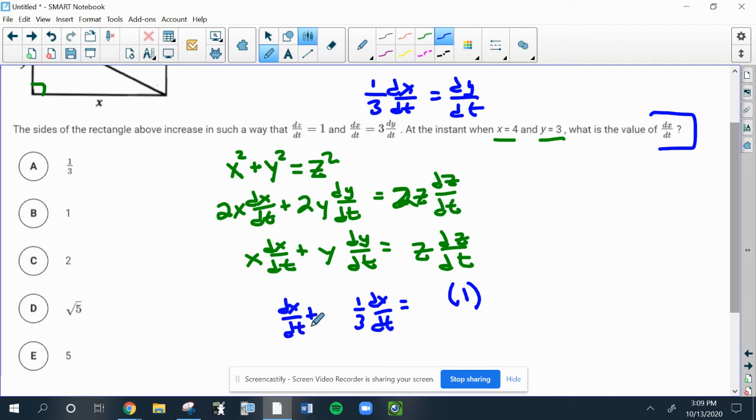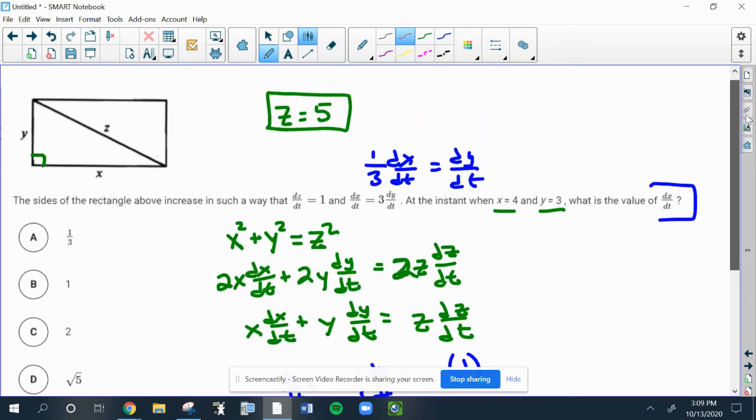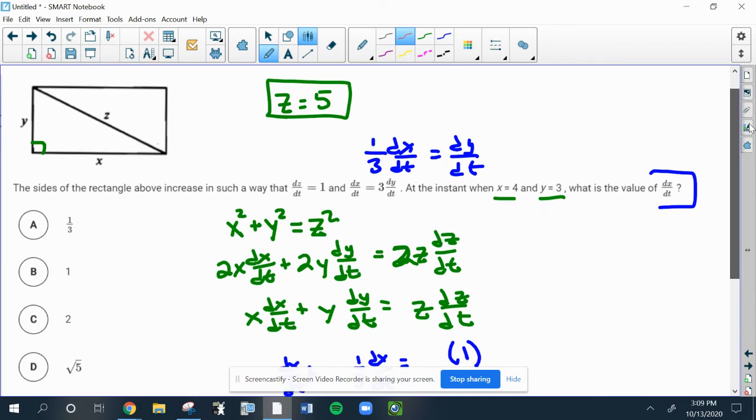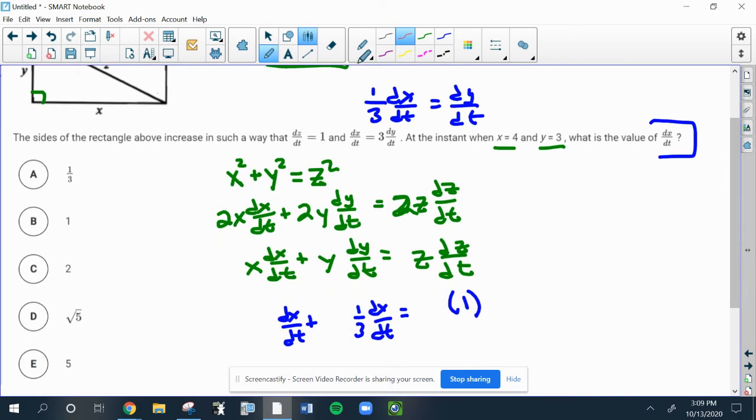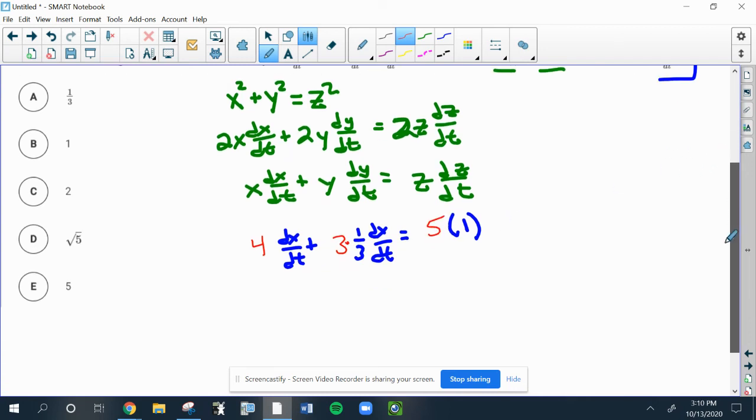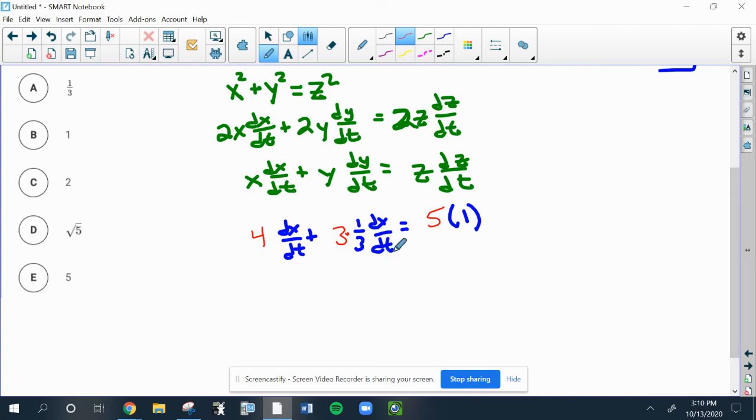So the only thing I haven't put in yet is x, y, and z. X, y, and z are 3, 4, and 5. Or 4, 3, and 5. So we have 4 for x, 3 for y. That's nice because 3 times 1/3 is going to be 1. And 5 for z. So that will be enough to allow us to solve for dx/dt.